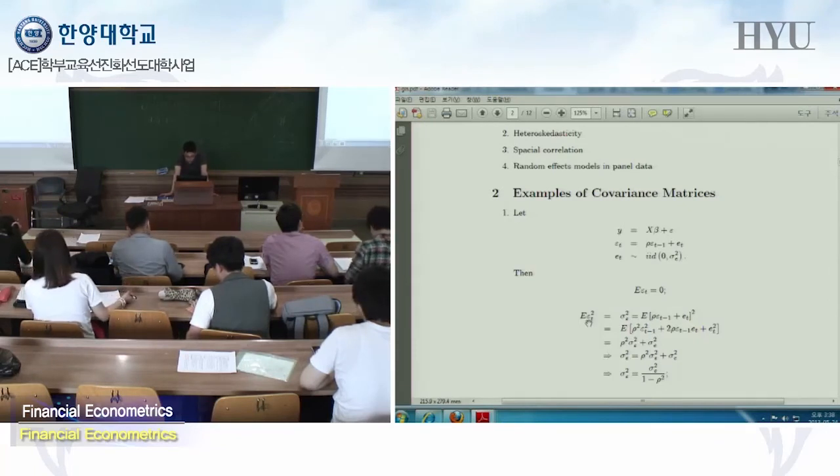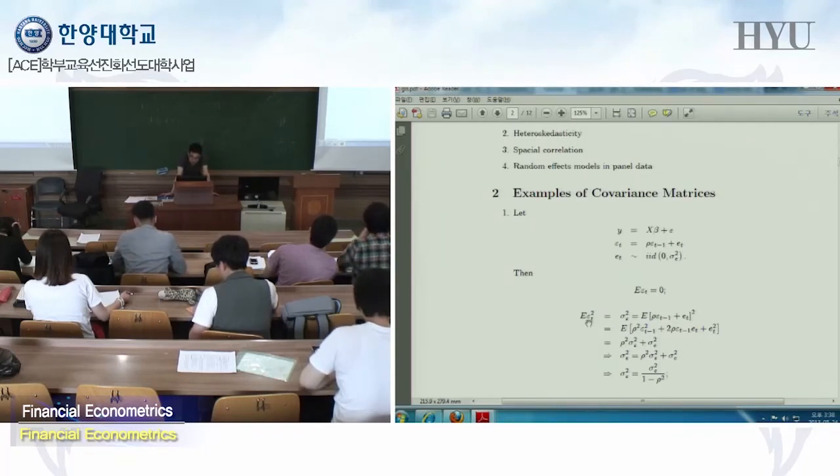Then we can expand the square term: the expectation of rho squared epsilon t minus 1 squared plus 2 rho epsilon t minus 1 e t plus e t squared.